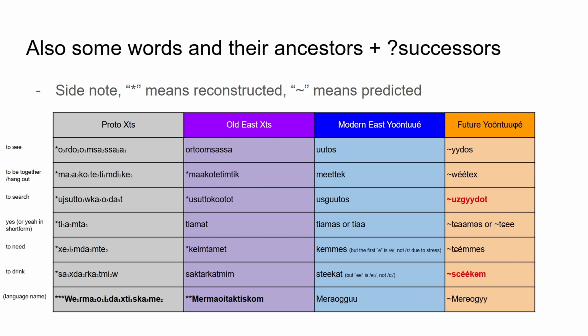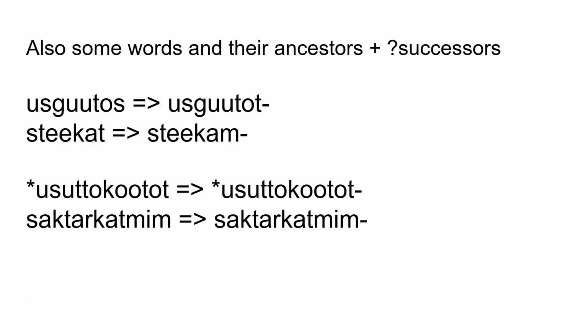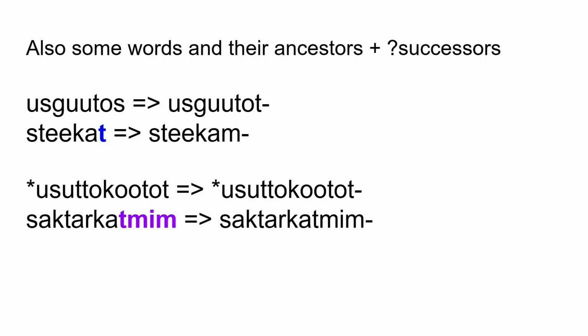Now, why did that s develop into a t and the t into a m in those two words? Well, let's look back on those words. See, in their conjugated form, the endings were kept fairly decently. Tot reduced to only t and mim reduced to m. However, in the uninflected form, the word final t went to a s and the mim entirely disappeared.